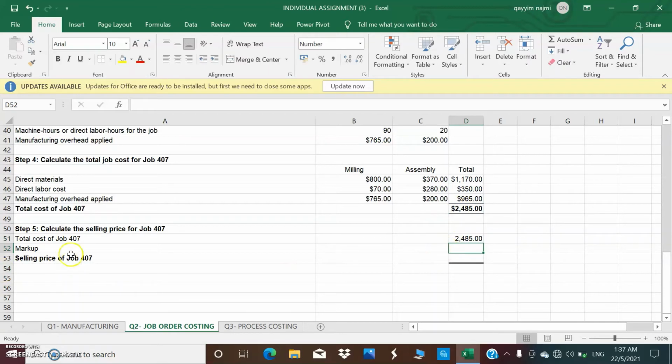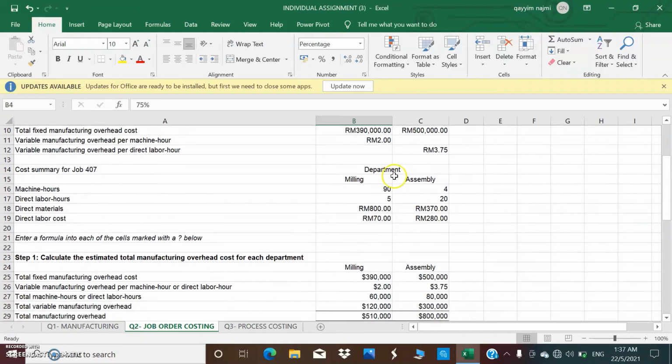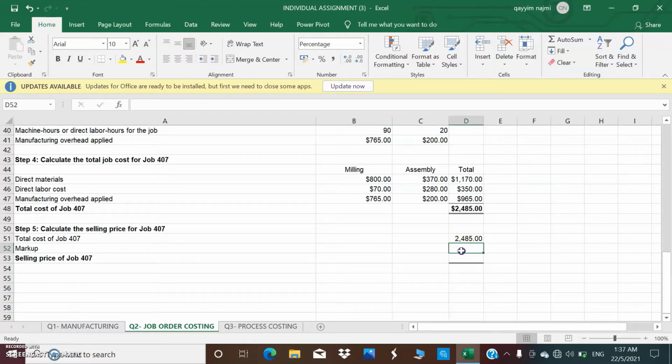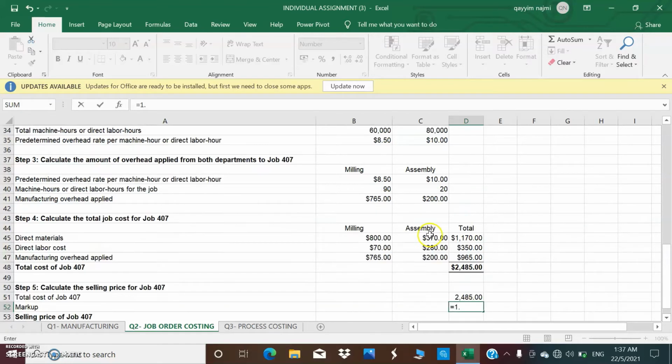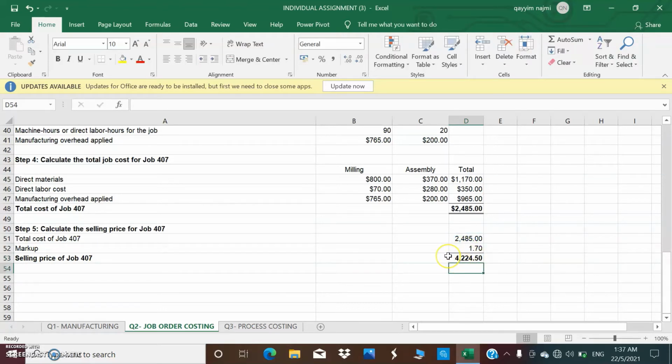Okay, markup. Based on the question given, the markup on job cost is 75%, so the total cost will be increased by 75%. So 100% plus 75% gives 1.75.